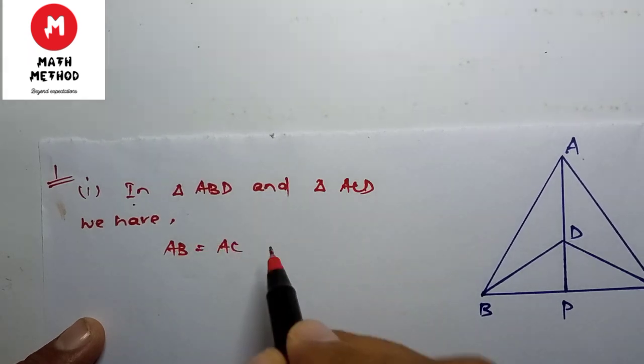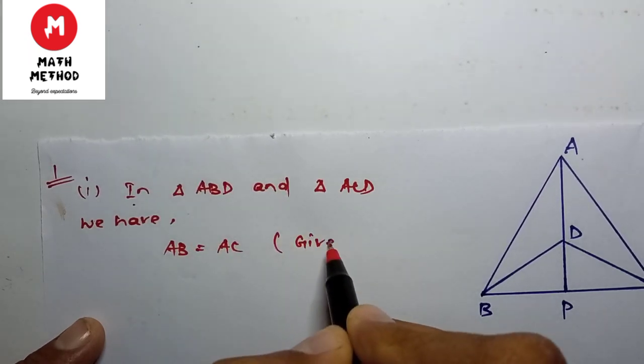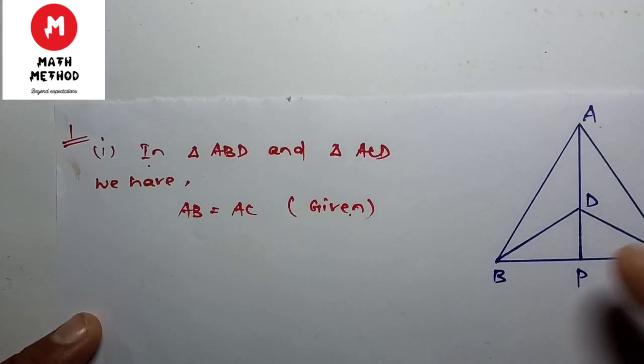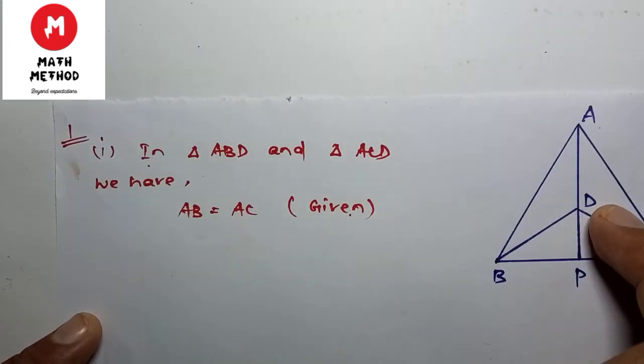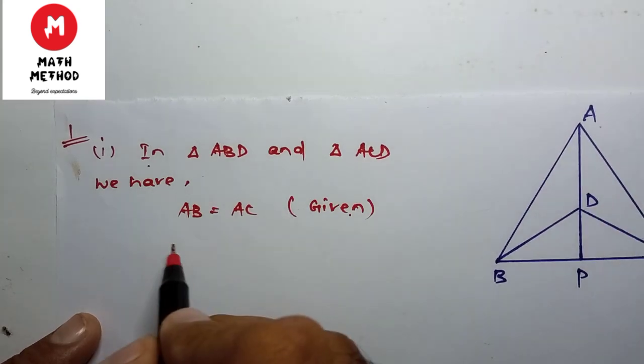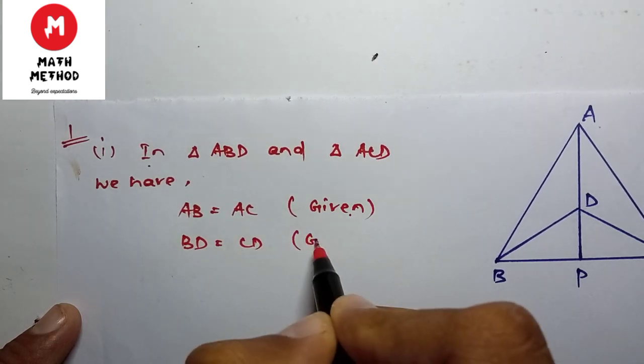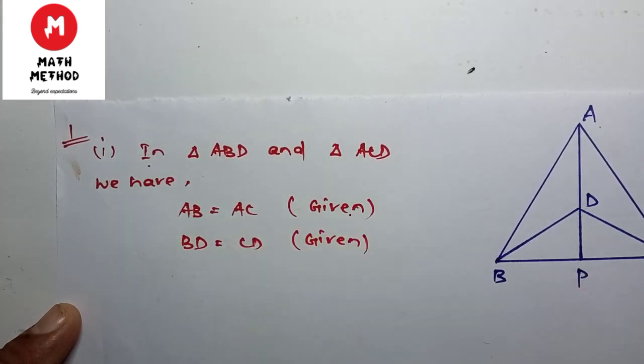This is our given. Clear? Similarly, BD is equal to CD, that is also given. BD is equal to CD. This is also our given.